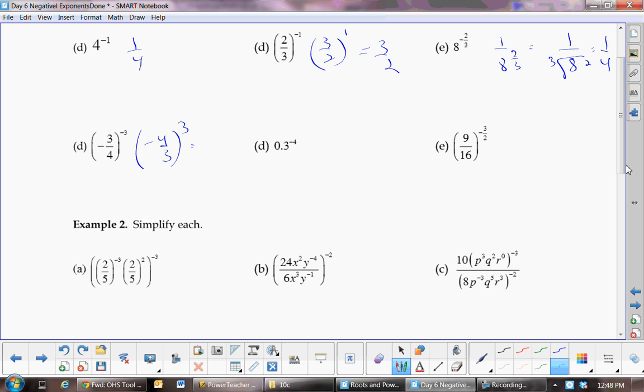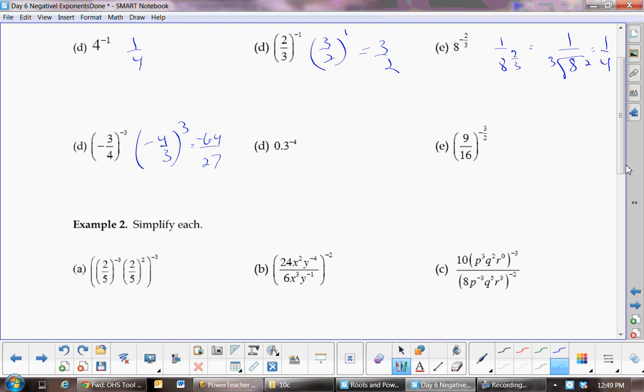Square root of 4 is 2, but there's a 3 out there, so it's cube root and cube. 27. It is negative. Negative 64 over 27.